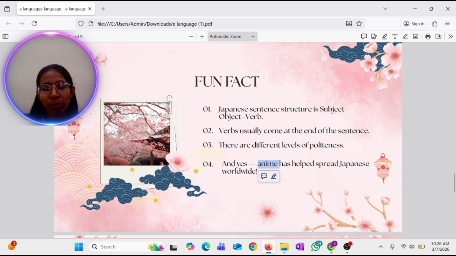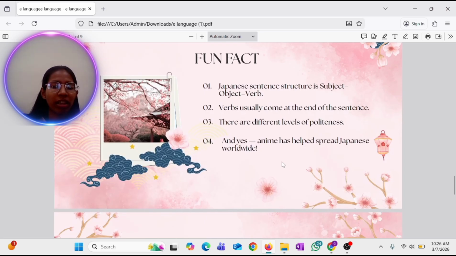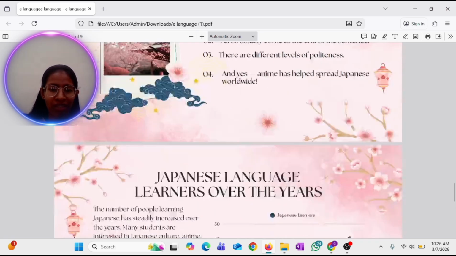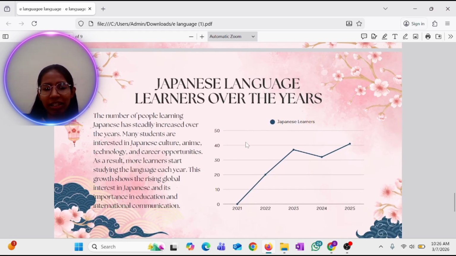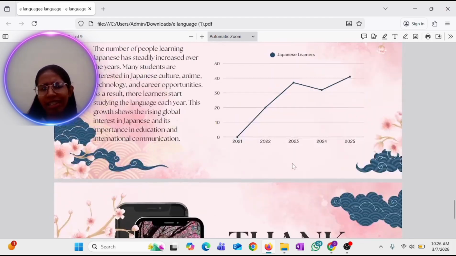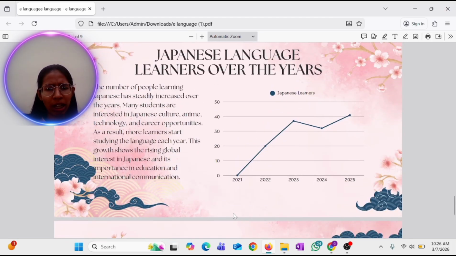That's why anime is also, we can say, a gem of Japanese culture. And yes, Japanese learners are growing day by day and year by year. As we can see, this is a recent chart. And yes, this was all about Japanese culture.